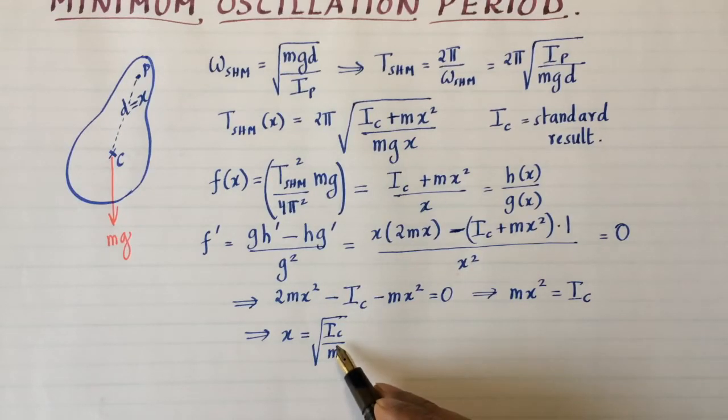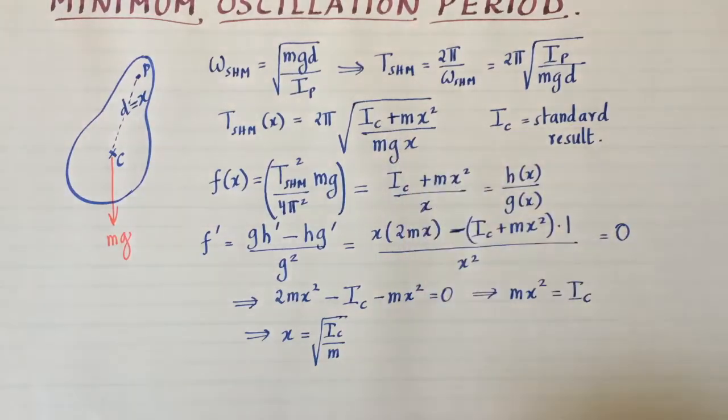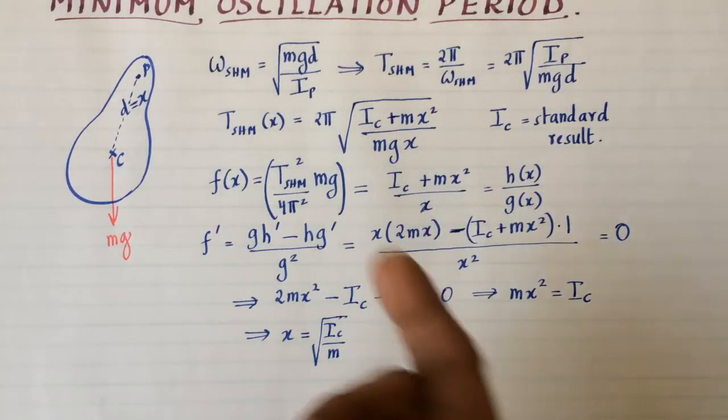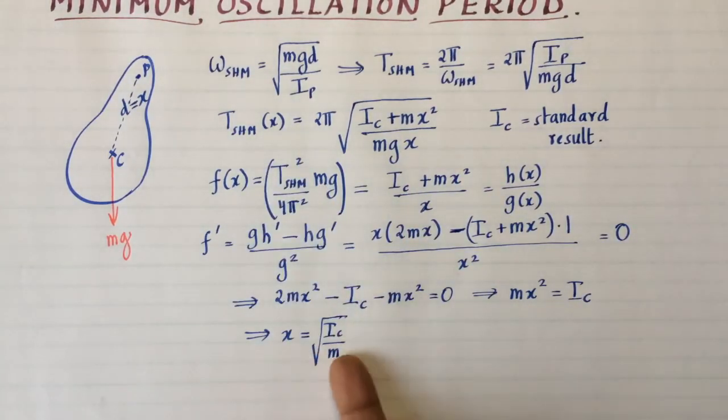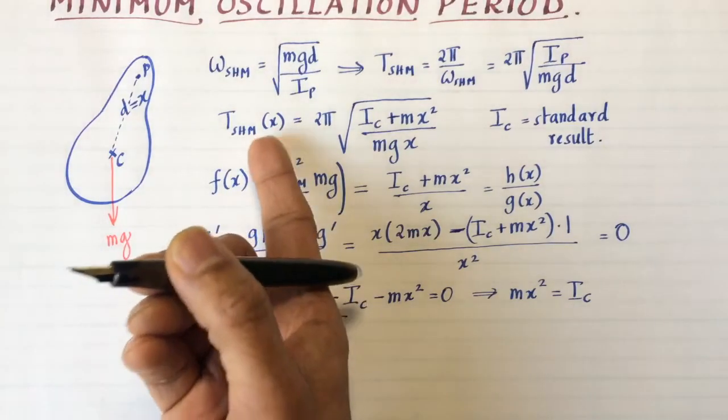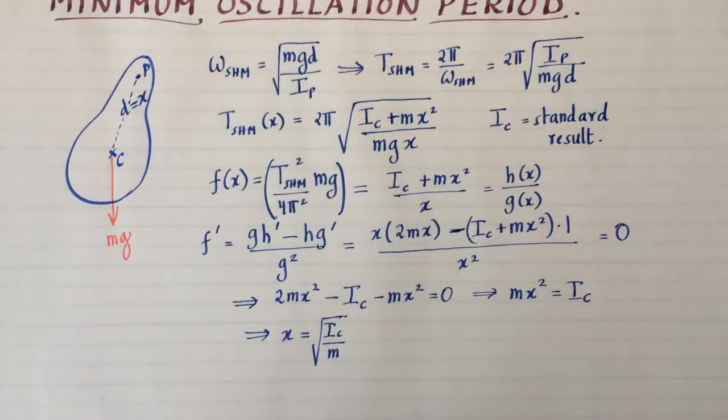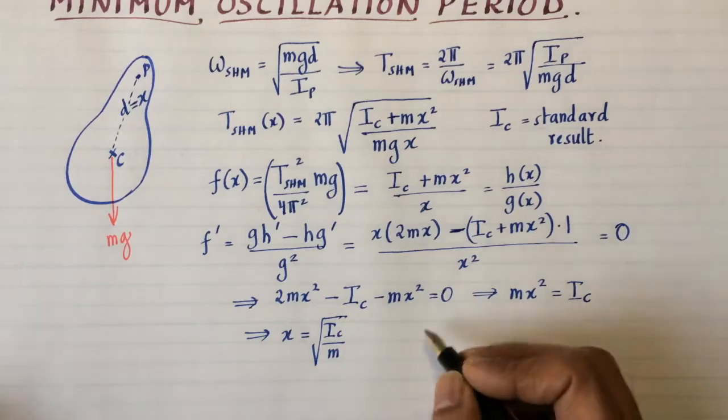Now, once you have the minimum value of x, you can go ahead and substitute it into that formula to find the minimum period, and we'll complete the problem. So let's do that.